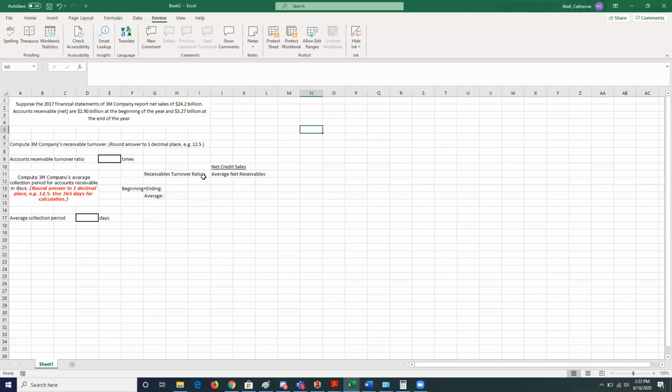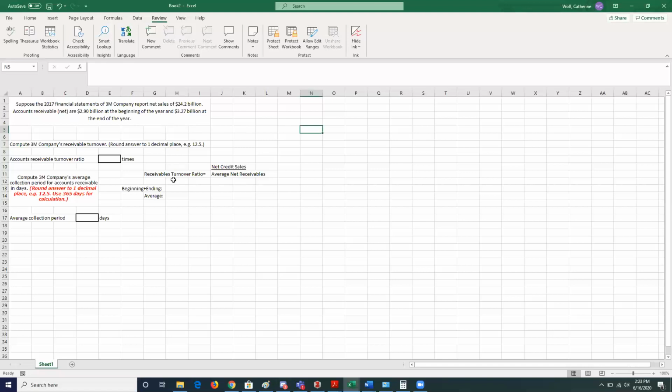Now the average is very important in this ratio. I actually tried to do this problem first by just dividing it by the amount at the end of the year, and that's not going to work. You have to do the average of the accounts receivable.